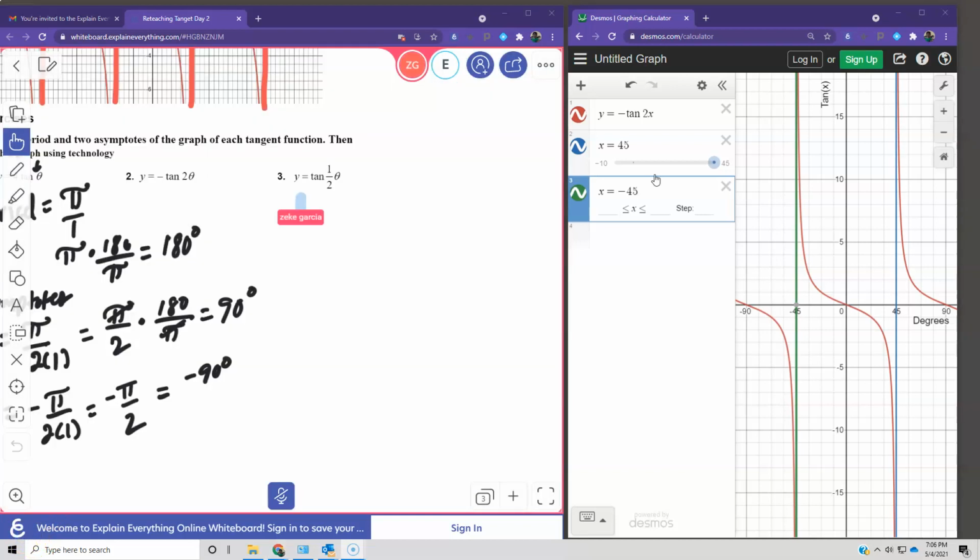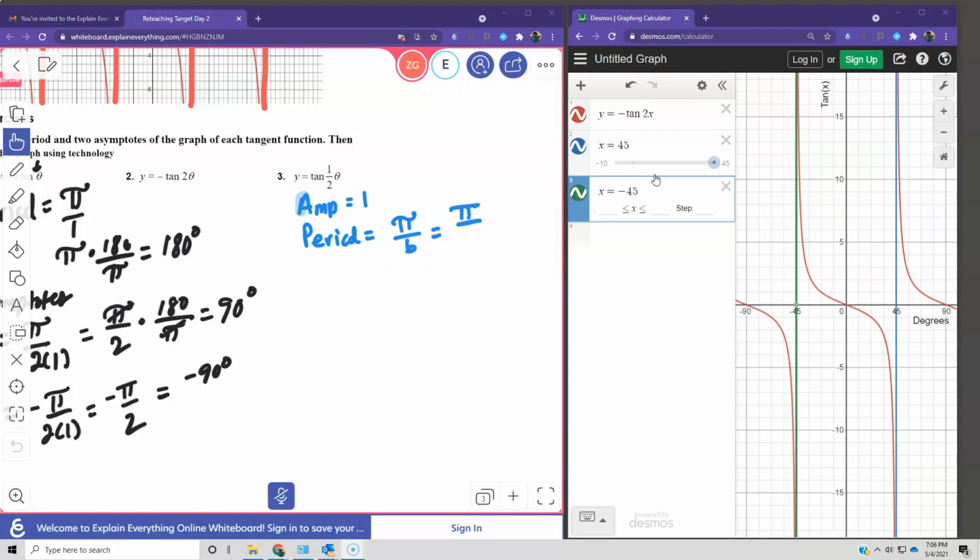For number 3, once again, we're going to start with the amplitude, which is 1, but it's non-existent. The next one is the period. We know the period for tangent is pi over b, and we know that b is 1/2.